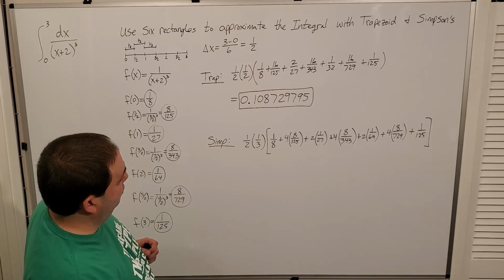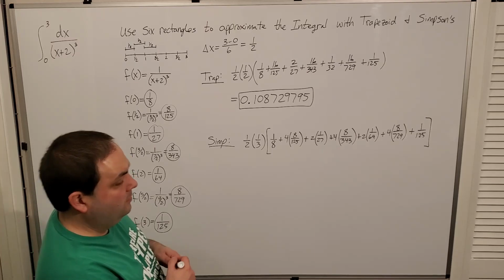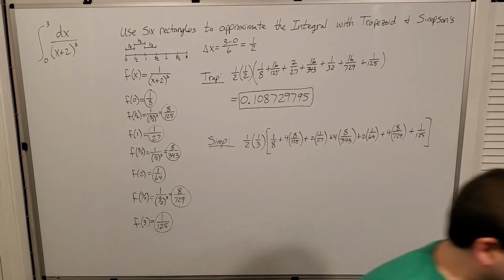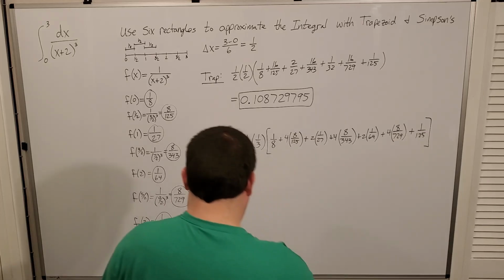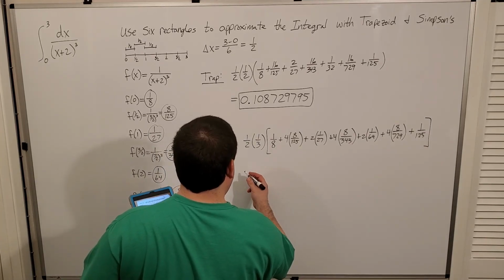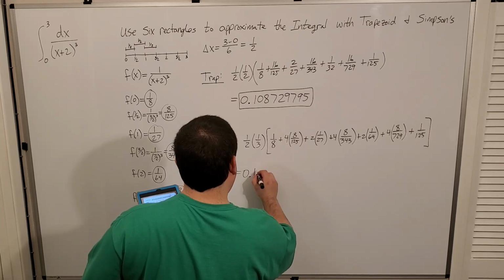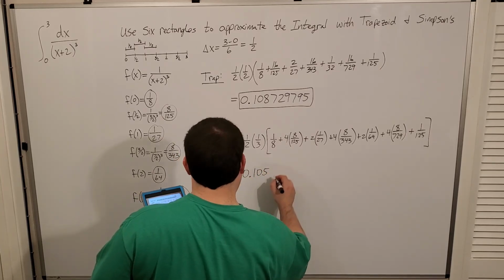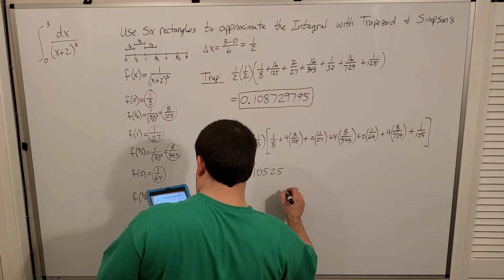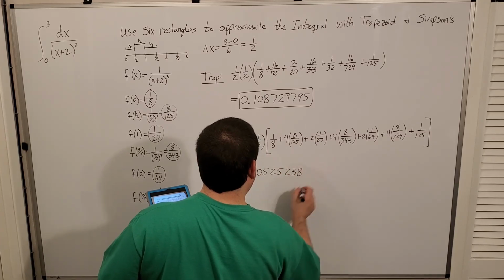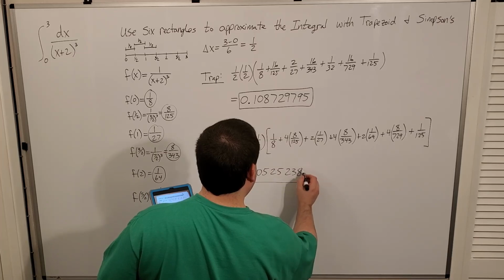So that's our Simpson's rule setup. Okay? Now if you punch that in your calculator, this is what I got. 0.105252238. And there's your Simpson's rule answer.